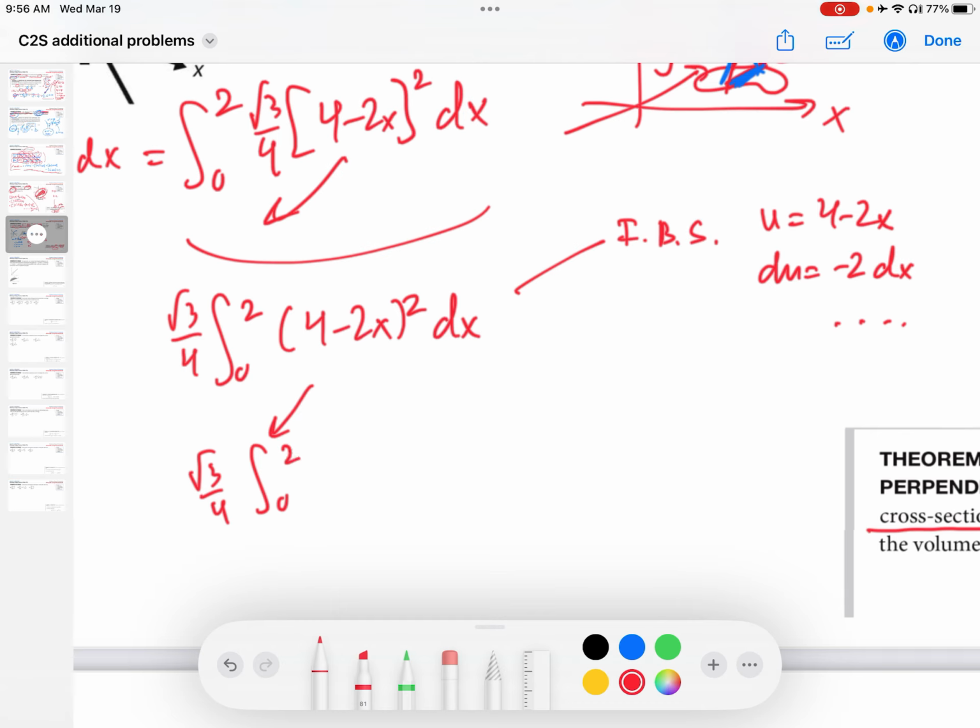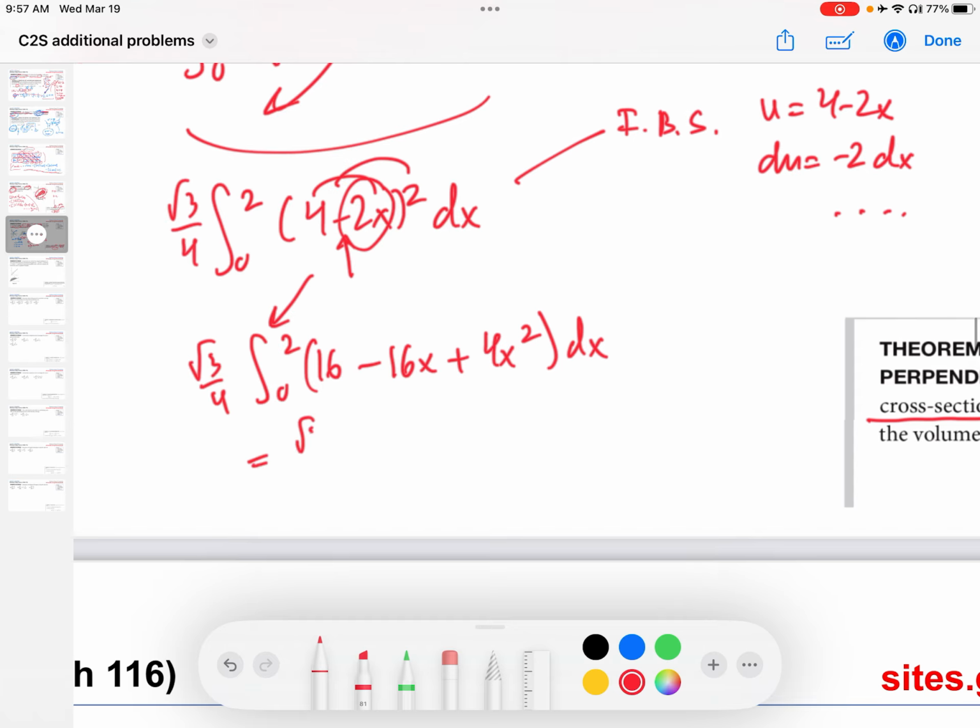So if we square this out, we get 16 minus 2x times 4 is 8x, and double that, so that's 16x, and then 2x squared is 4x squared, and then plus, because we're multiplying negative by negative. Okay, so we get that integral.